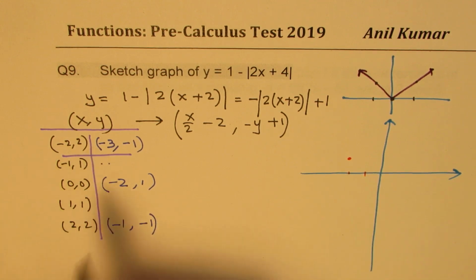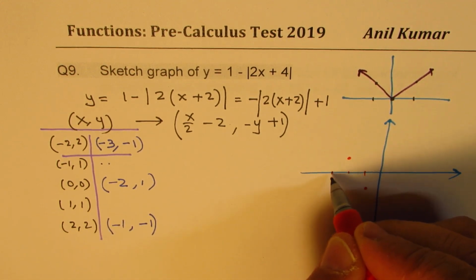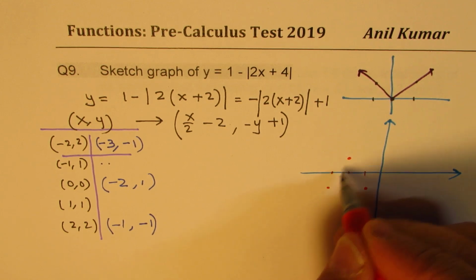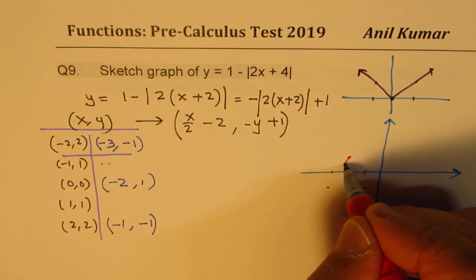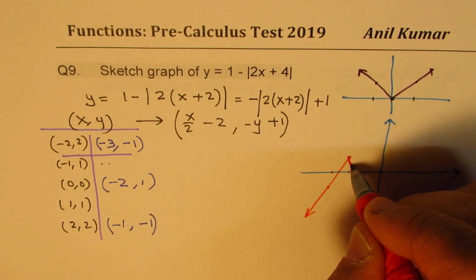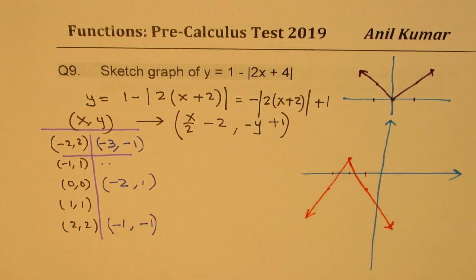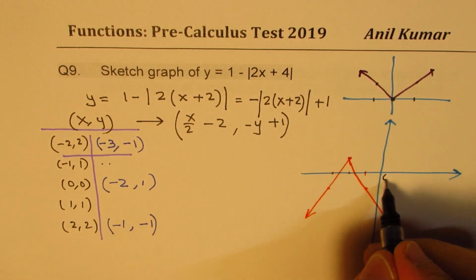The other 2 points which are symmetric about this are at minus 1, so here, and the other one is at minus 3, minus 1, correct? Minus 3, minus 1. So your function will look like this. Do you see that? So that becomes your transform function.